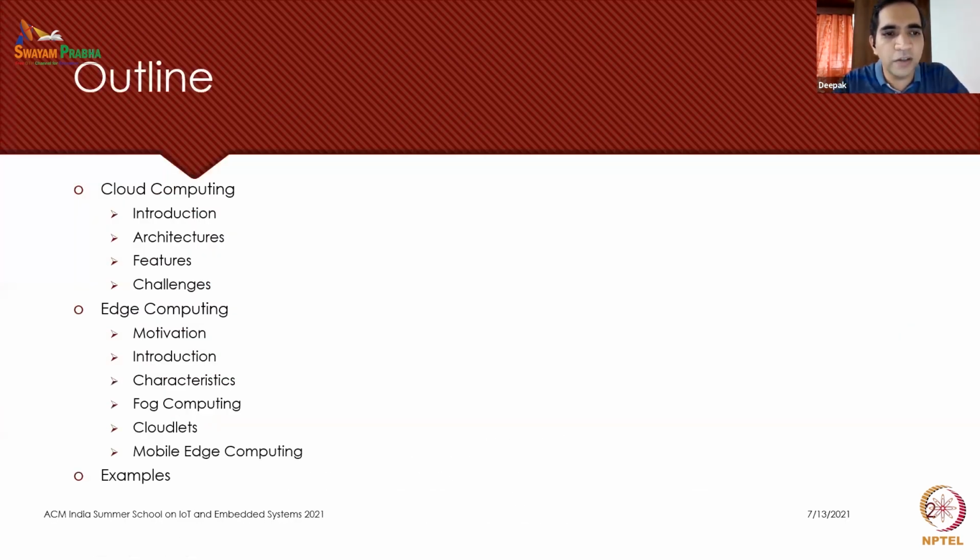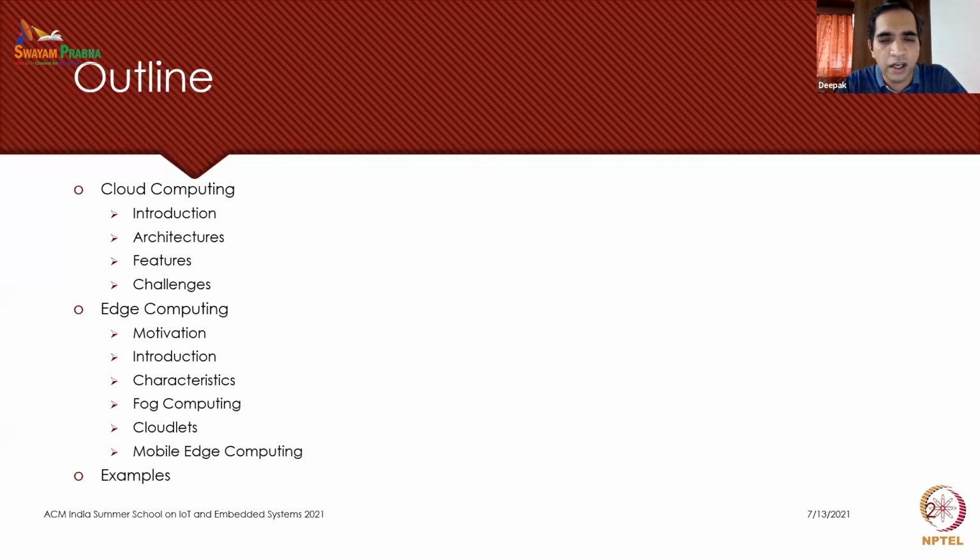Okay, so the outline of today's talk, we'll break it down into two parts for the two sessions. So we'll start with cloud computing. We'll go through the basics of cloud computing, some of the internal architectures, and some of the challenges we face there.